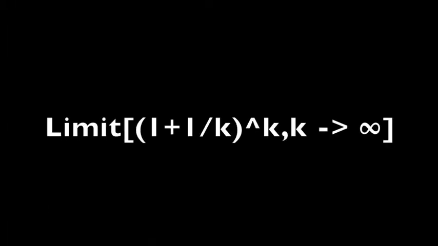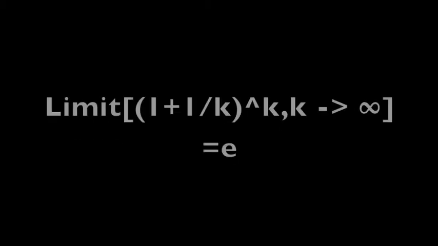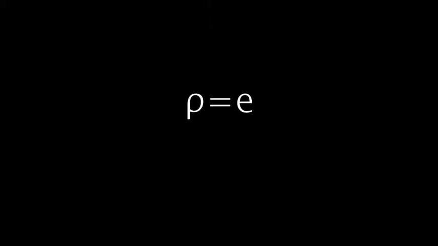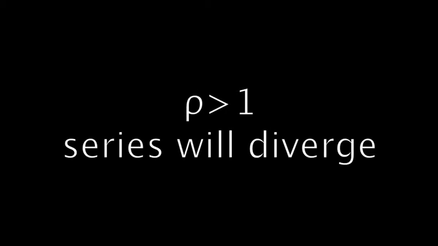No. So we can simplify this to the limit as k approaches infinity of 1 plus 1 over k to the k. And this, we all know, as k approaches infinity, equals e. So since rho equals e and rho is greater than 1, this series is going to diverge.